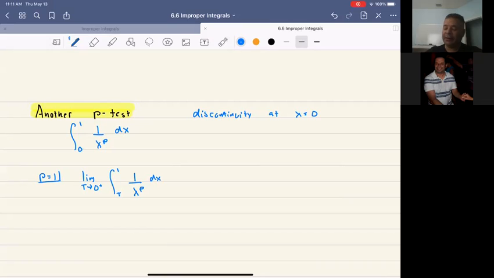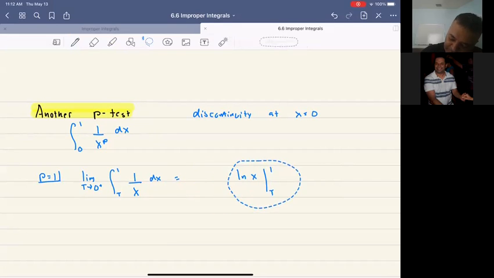Okay, again, the antiderivative, since p equals 1, we're just going to use 1 over x. So that's going to be the natural log of x from t to 1. Oops, let me put the limit on there.